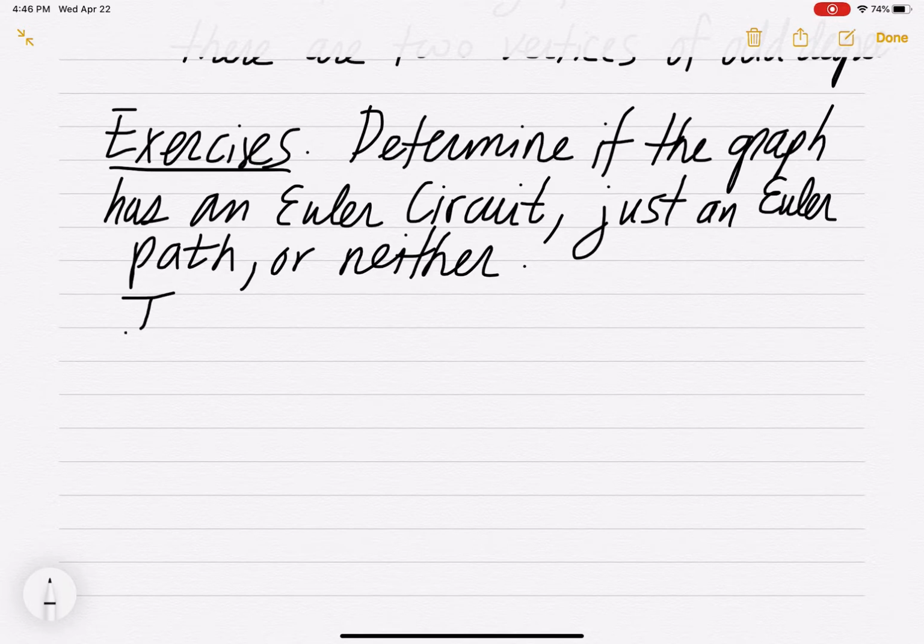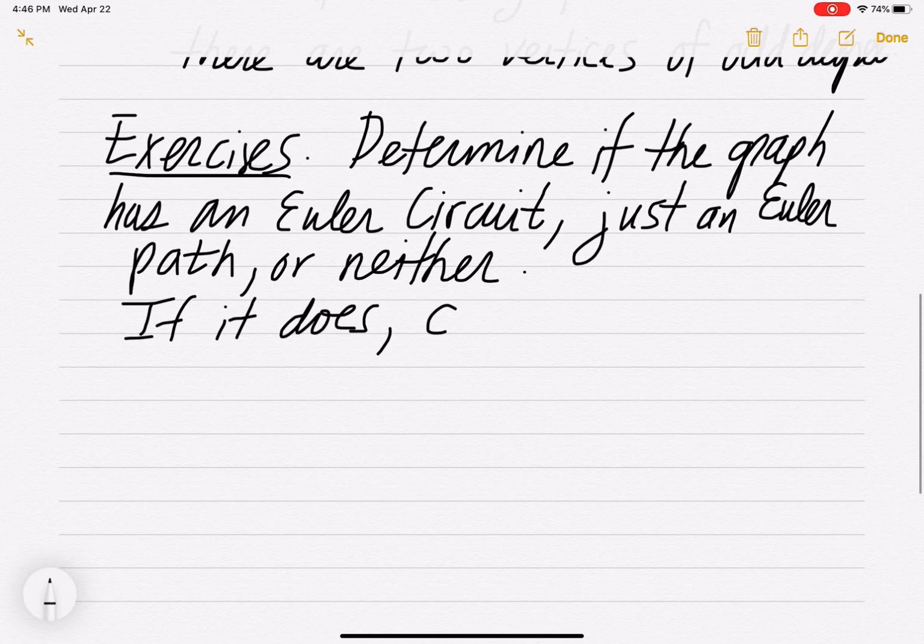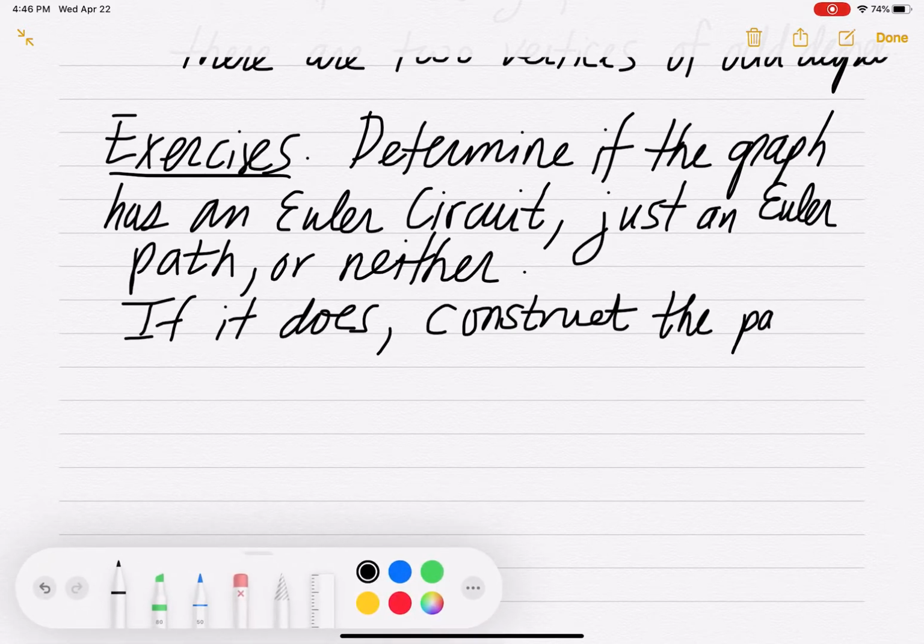If it does have an Euler path or an Euler circuit, construct the circuit or path.